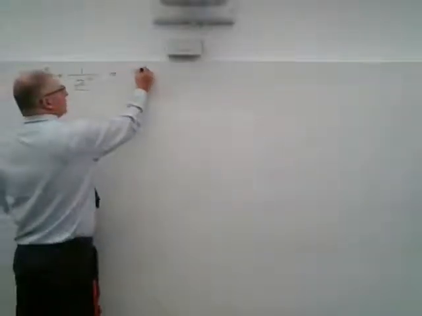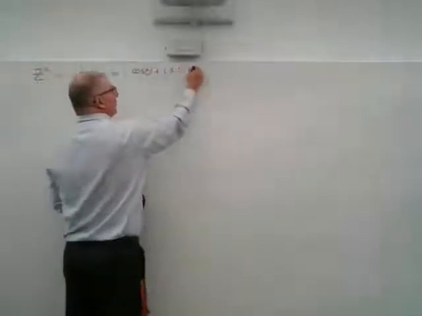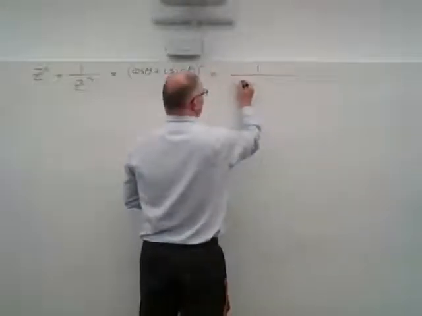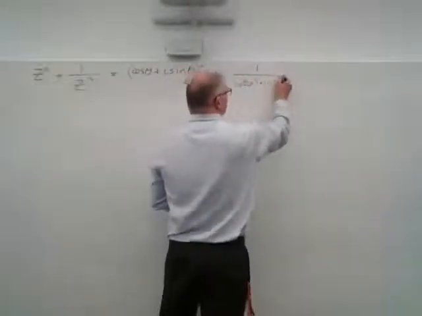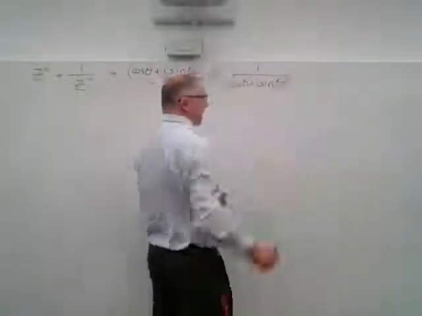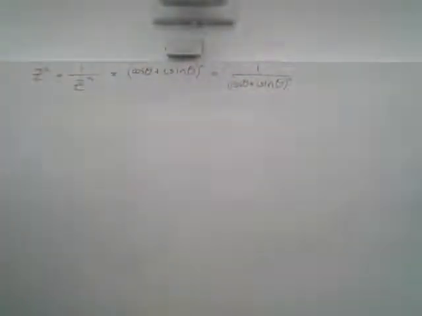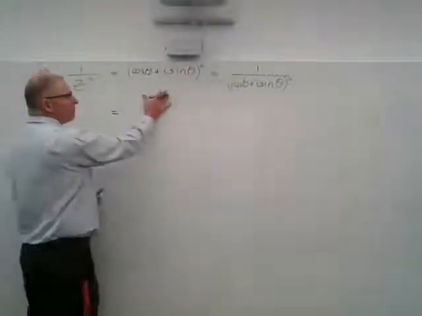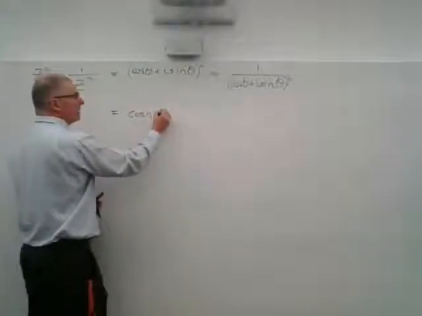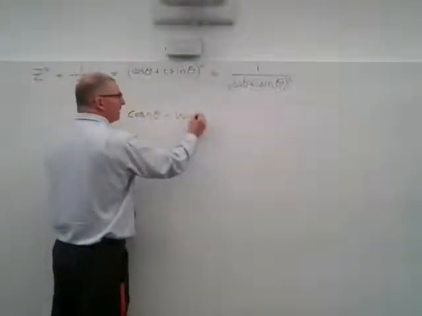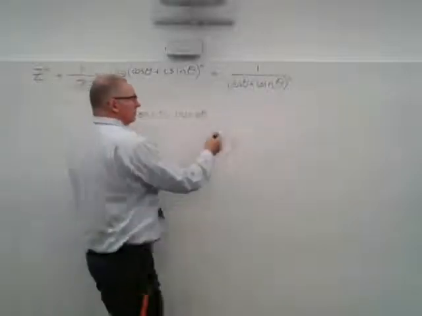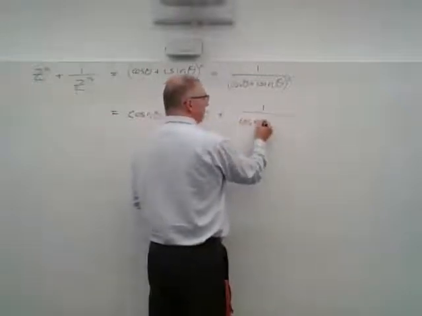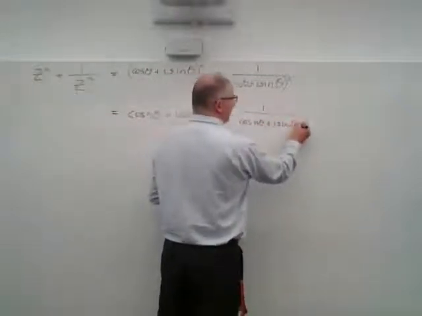So that'll be (cos theta plus i sine theta) to the n plus 1 on (cos theta plus i sine theta) to the n. So using de Moivre's theorem, that would be cos n theta plus i sine n theta plus 1 over cos n theta plus i sine n theta.